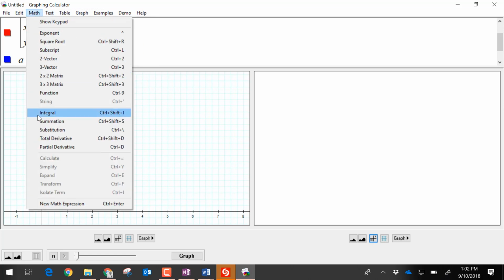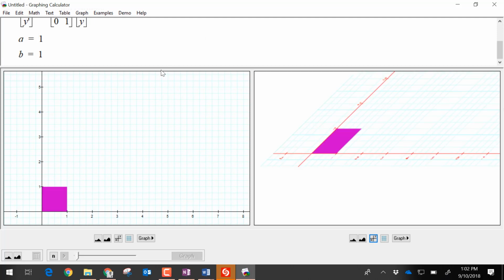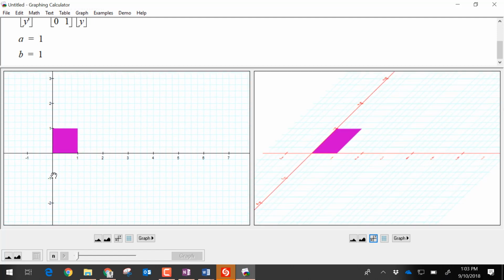One of the common transformations that they show you is this thing called a shear transformation. A shear transformation takes your domain and then, I don't know, shears it.